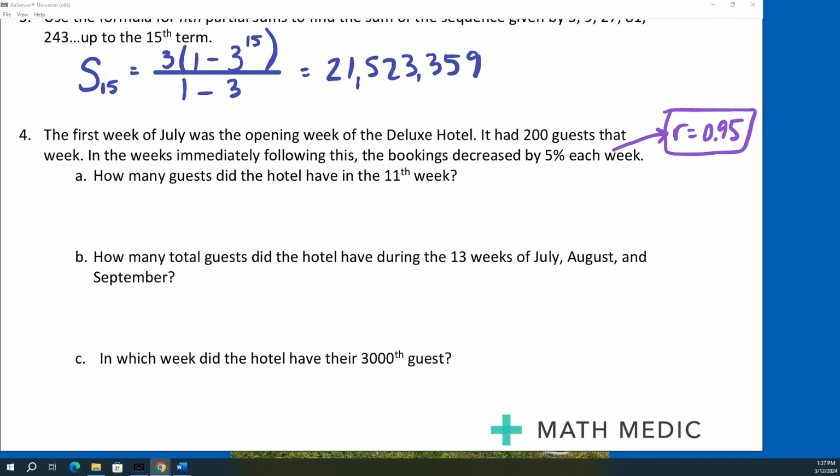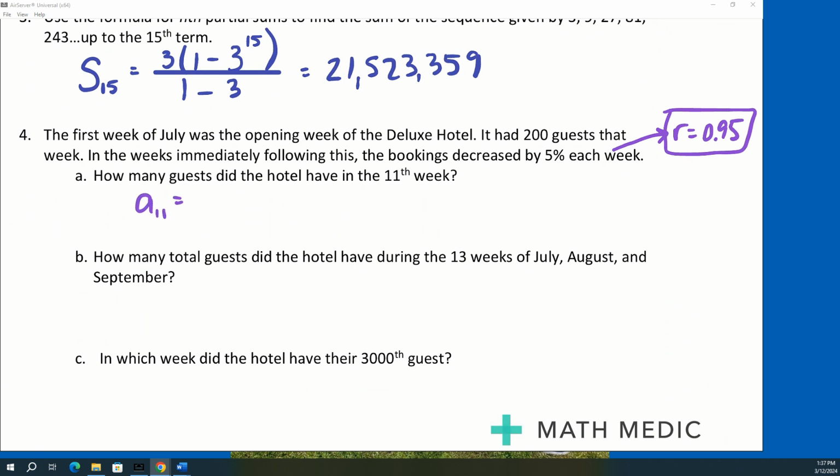Now, if they had increased by 5%, then what would R be? 1.05. Good. So you either subtract that percent from 1 or add it, depending on if it's increasing or decreasing. Okay, so A, we want to know how many guests did the hotel have in the 11th week.